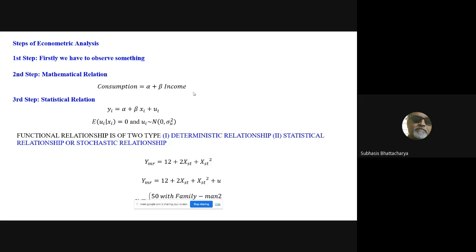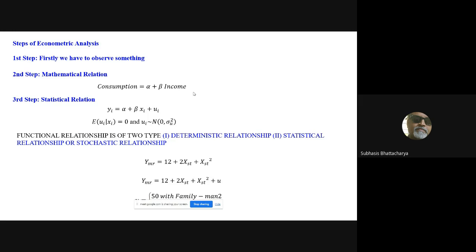When you get data by following a proper methodology, you go to the field, choose the sample and collect the information from the sample. Before that, when you are designing your research, first we have to observe something. So what do you observe?